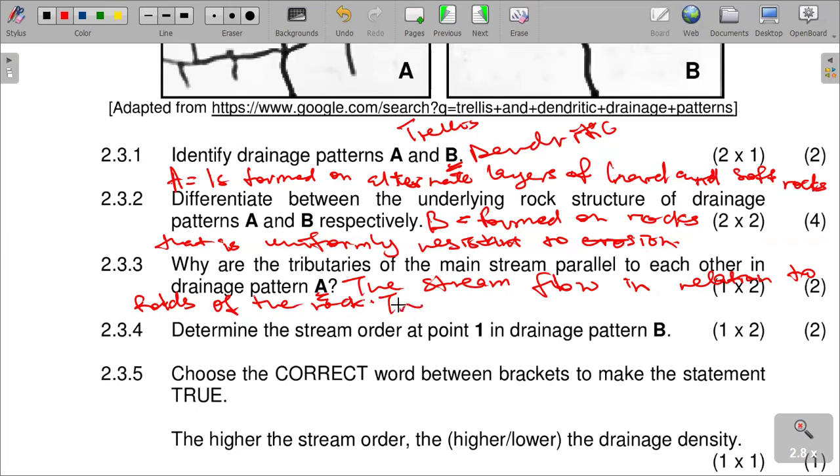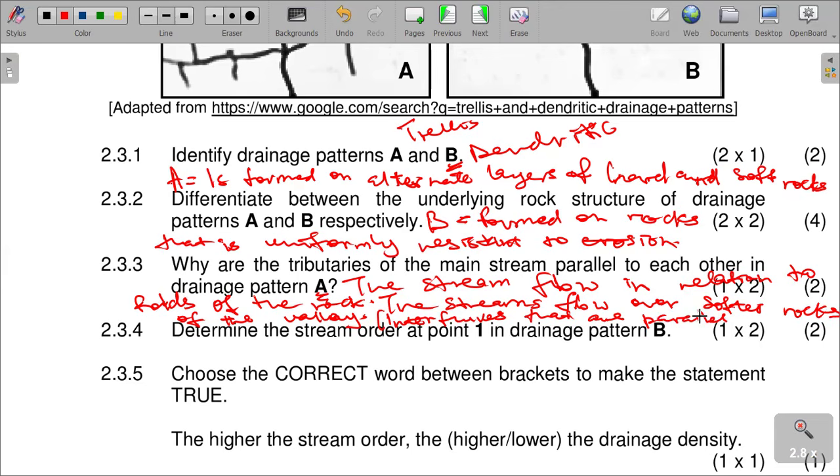The streams flow over softer rocks of the valley, which we can say are interflows that are parallel. That is one key thing that you can see with regard to that one.